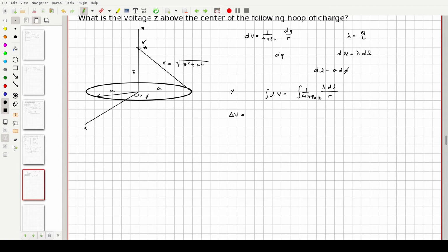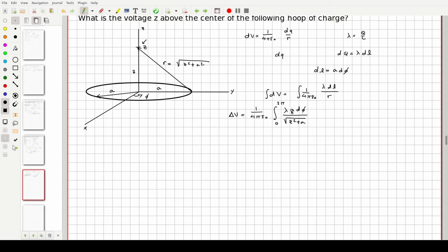And on the right-hand side, there's a lot of constant stuff here. I'm going to just go ahead and pull out the 1 over 4 pi epsilon naught. And so we're going to integrate from 0 to 2 pi of lambda. Now dl is a times d phi, and r is the square root of z squared plus a squared. And here's the deal.